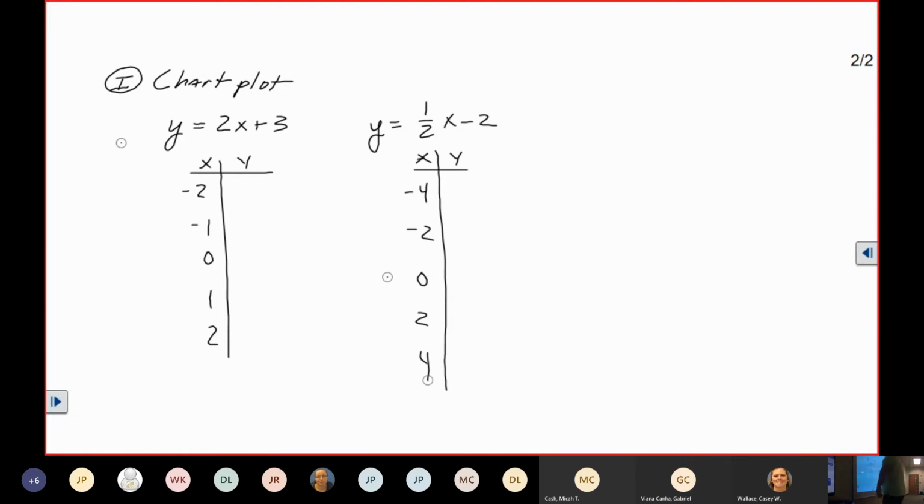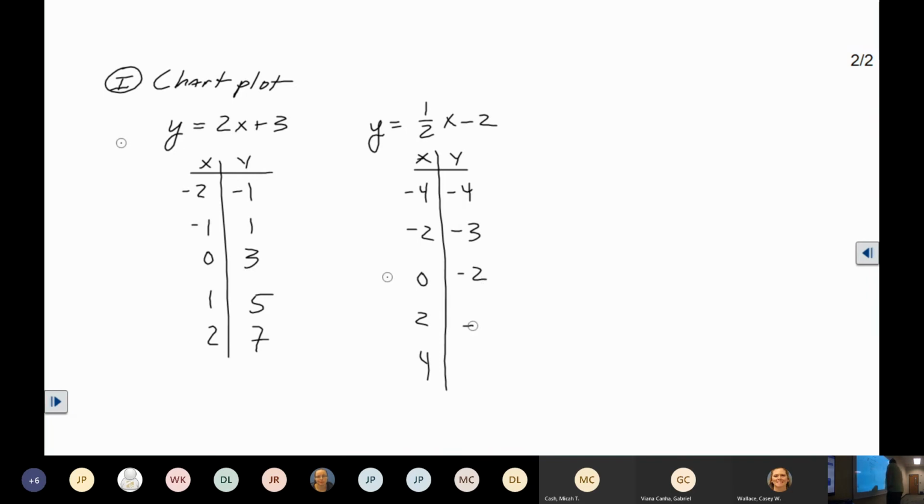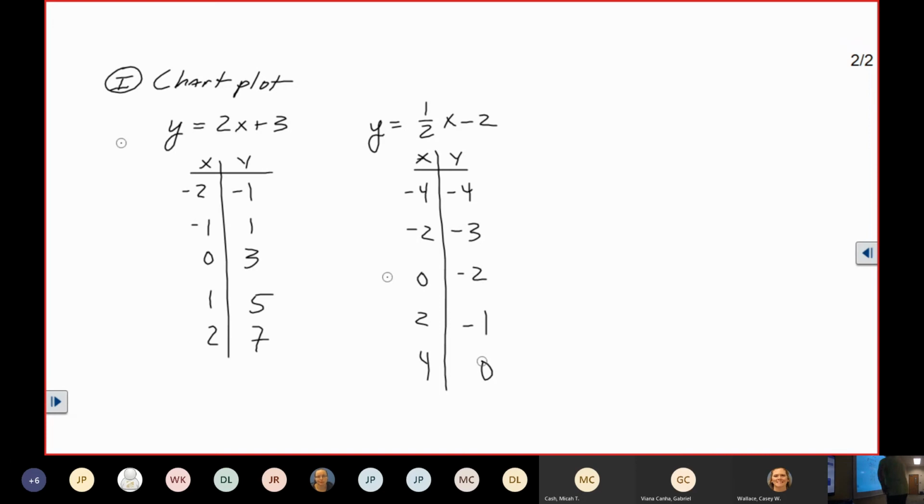Okay. Plug and chug. For -2, that'd be -4 plus 3 is -1. -1 plus 3 is 2. 0 plus 3 is 3. 1 would be 5. And 2 times 2, that'd be 7. Over here, -4 divided by 2 is -2, that'd be -4. -2 gives -1, -3, -2. You start to see the pattern. -1 and 0.